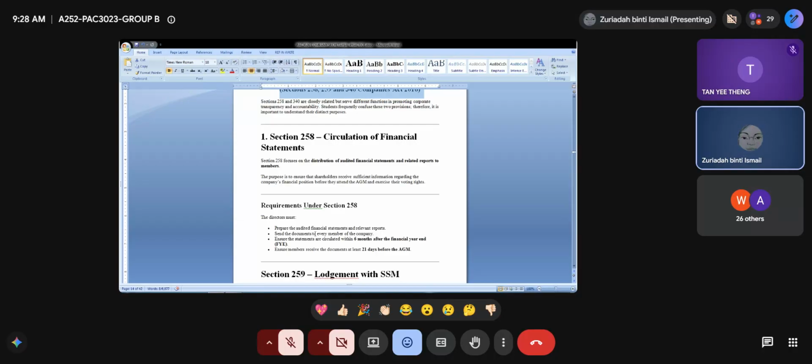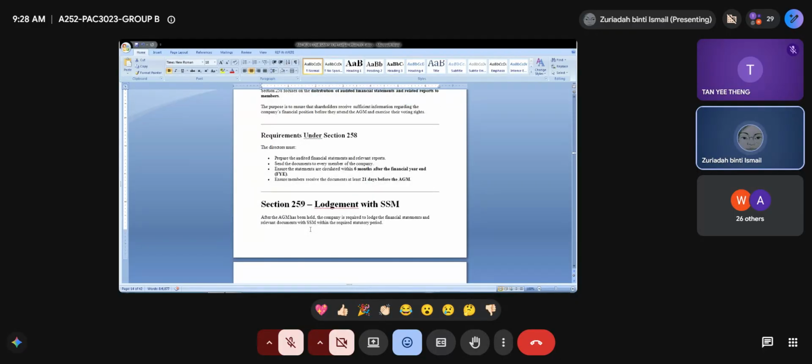Therefore, every member must receive it not later than 21 days before the AGM. In terms of submission with the registrar, after the AGM, the company is required to submit the financial statement, report and any document within the statutory period. This is the requirement.